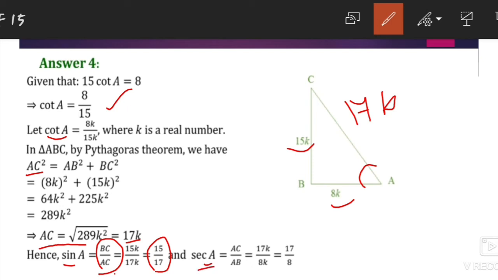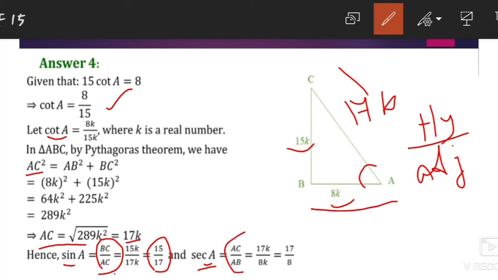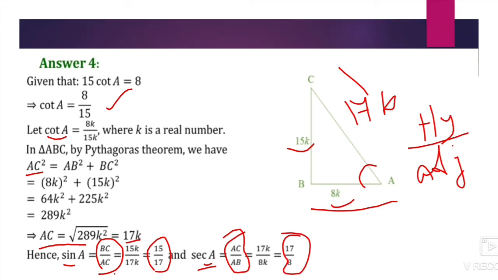Now sec A: the formula of sec A is hypotenuse by adjacent, that is AC by AB. Put the values of AC and AB, and you will get 17 by 8. In this way you solve question number 4.